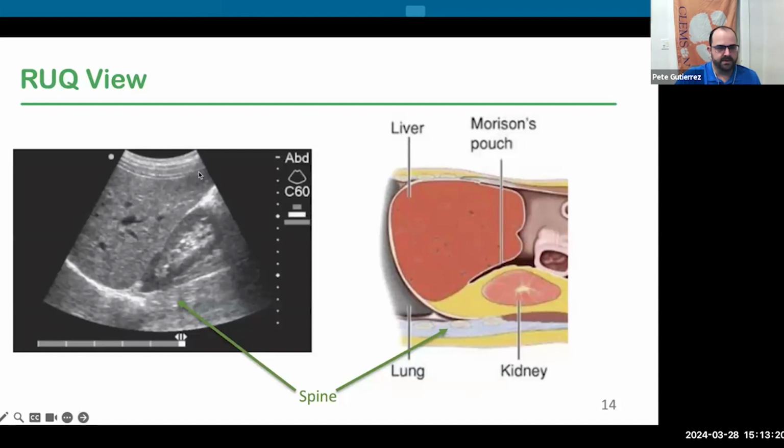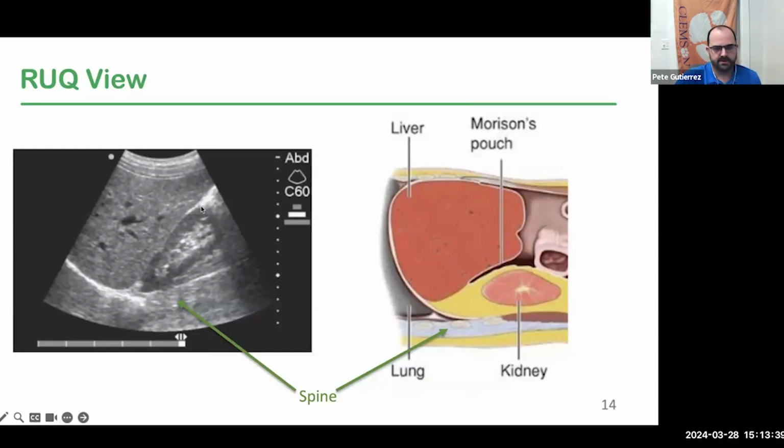So in the near field here, this organ that's kind of the middle gray that has a bunch of tubes going through it, this is the liver. Tucked right underneath of that is the kidney, so the typical hyperechoic medulla and hypoechoic cortex.